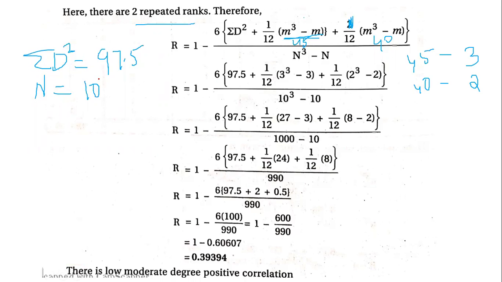So sigma d square is 97.5 plus 1 by 12 into, now how many times 45 is repeated? 3 times. So 3 cube minus 3, plus 1 by 12 into, how many times 40 is repeated? 2 times. So 2 cube minus 2, divided by n is equal to 10, so 10 cube minus 10. So that is how we have got the numbers. Any doubts in this second step of the formula? Did you all understand?